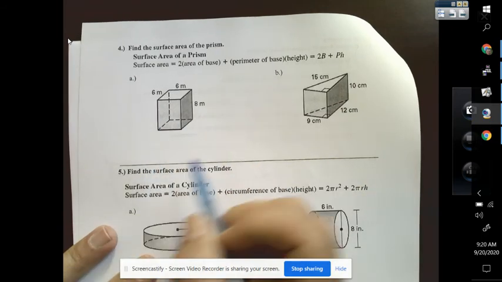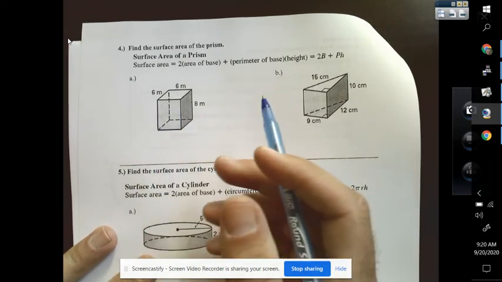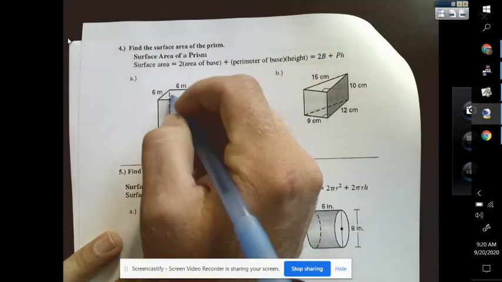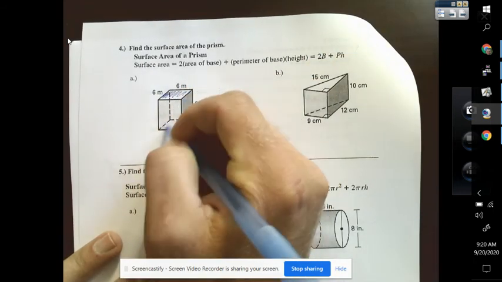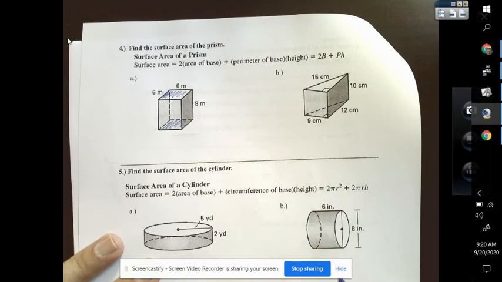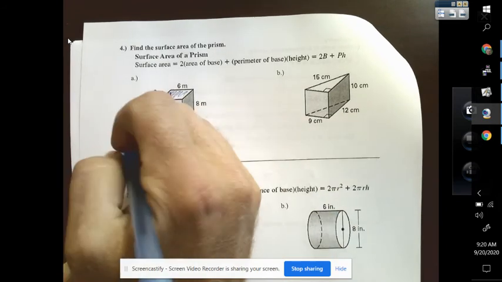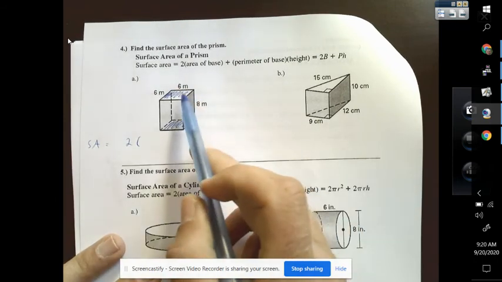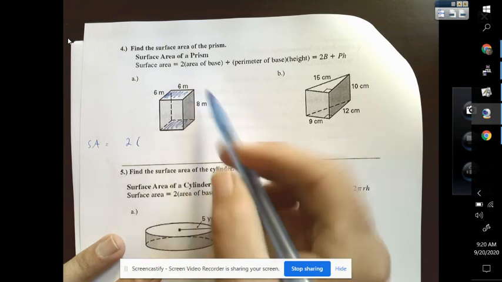Now, we get kind of lucky on part A because we talked about the bases being parallel to one another. Well, in this problem, you can literally pick what you want. I'm going to pick the top part and the bottom part to be my base, okay? So it says 2 times the area of the base. Surface area equals. Now, the area of a square is side times side, so 6 times 6.